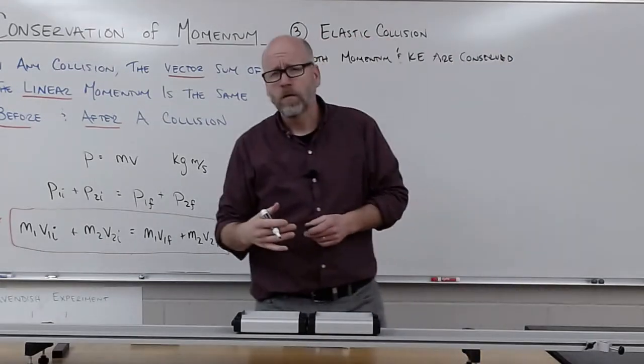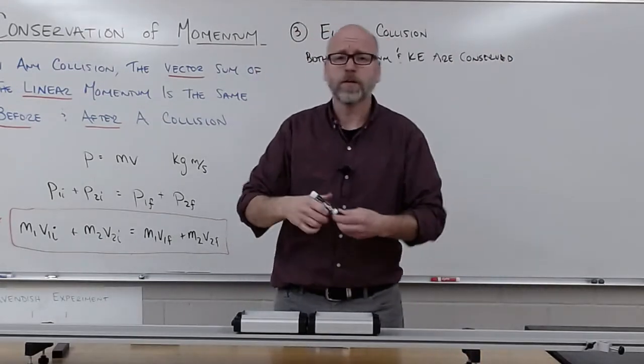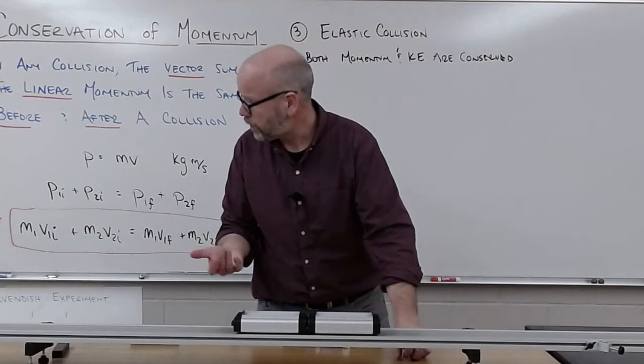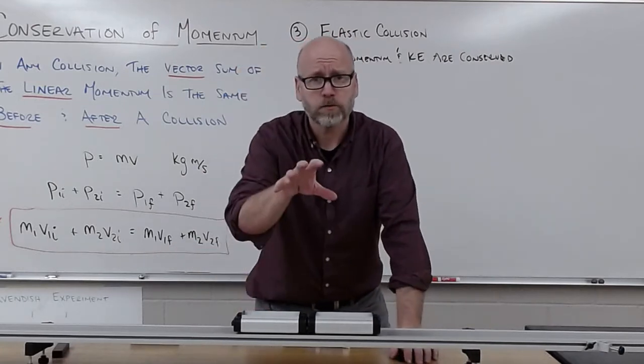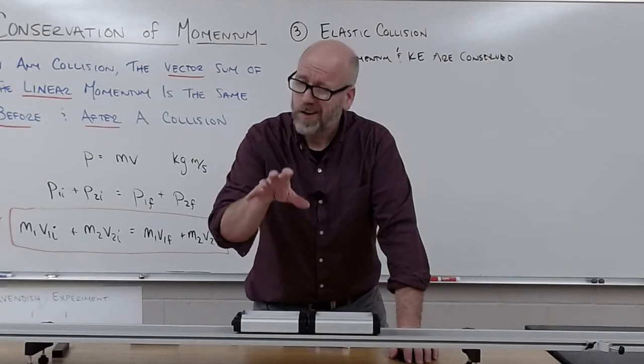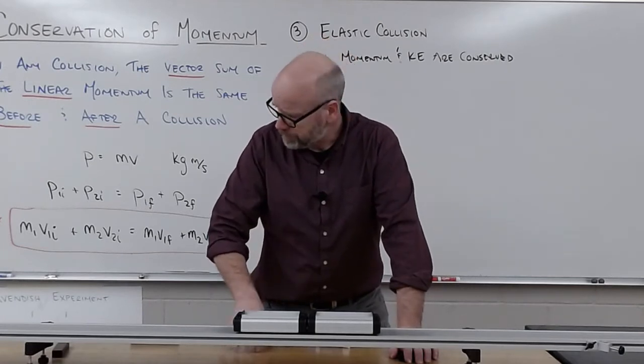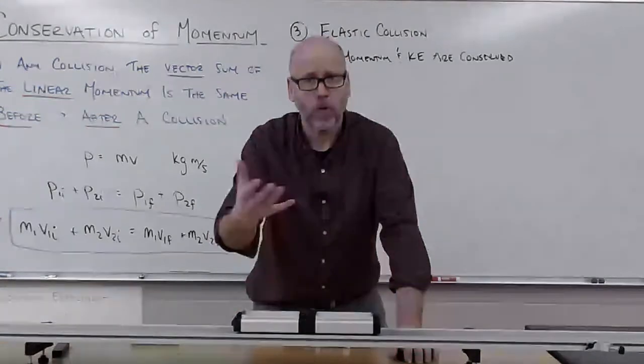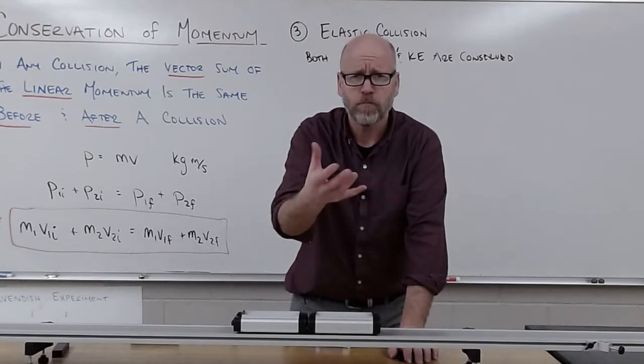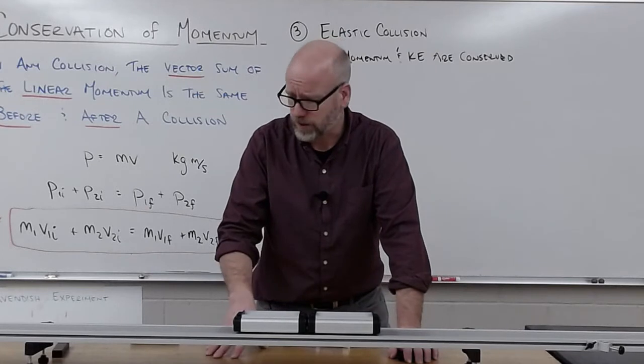Now, elastic collisions are what you see, let's see, a decent example. If you're at the pool hall, billiard balls undergo close to elastic collisions. If you're bowling, the bowling ball hitting the pin, pretty close to a perfectly elastic collision.